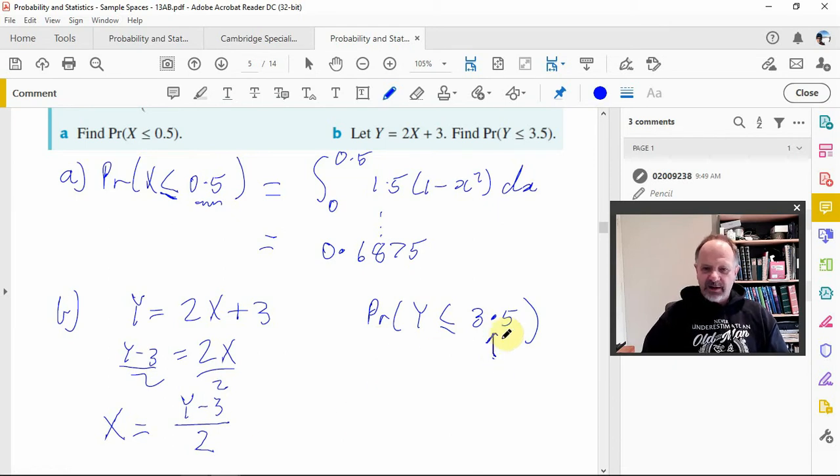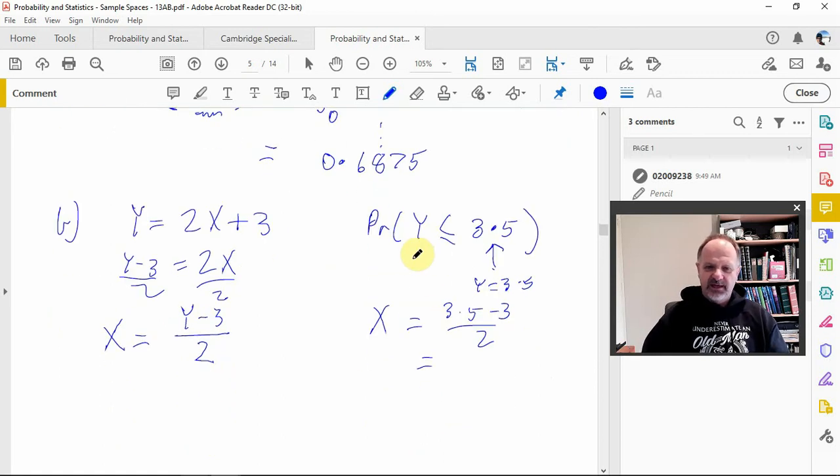So we're looking at a y value of 3.5. So the x value that we're looking at is (3.5 minus 3) over 2. 3.5 minus 3 is 0.5, over 2, which is 0.25.